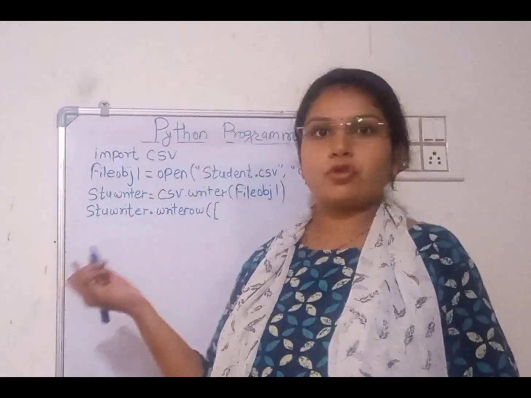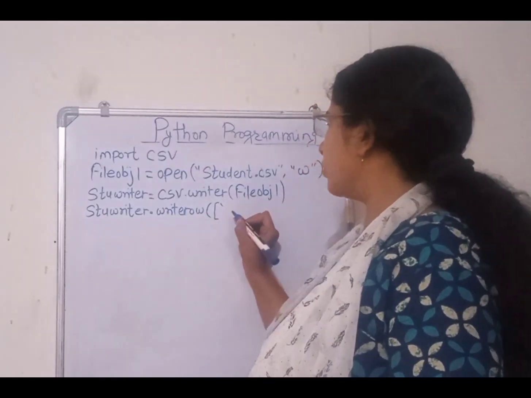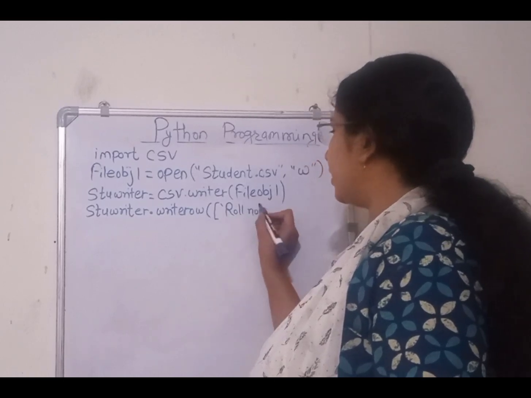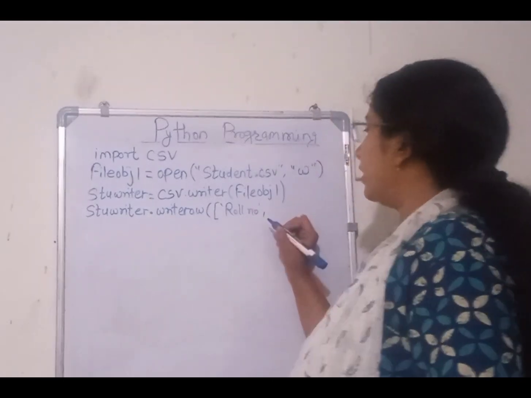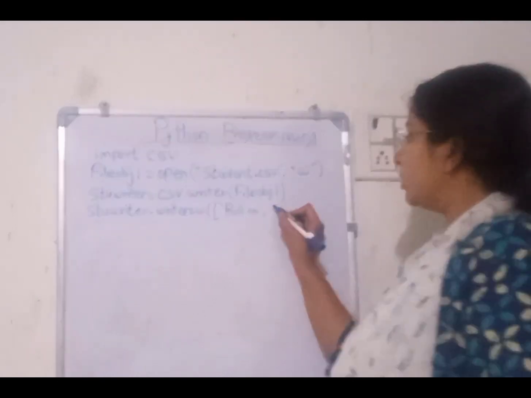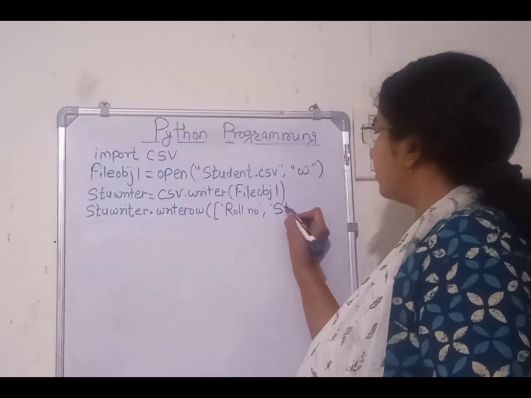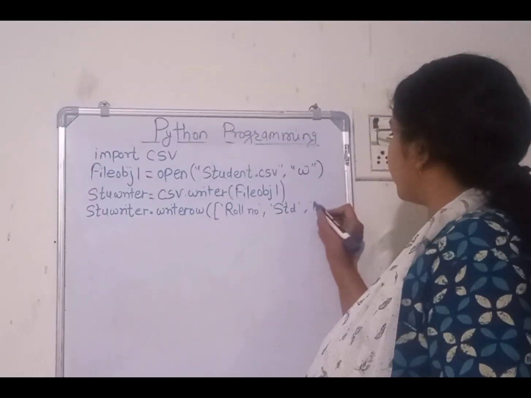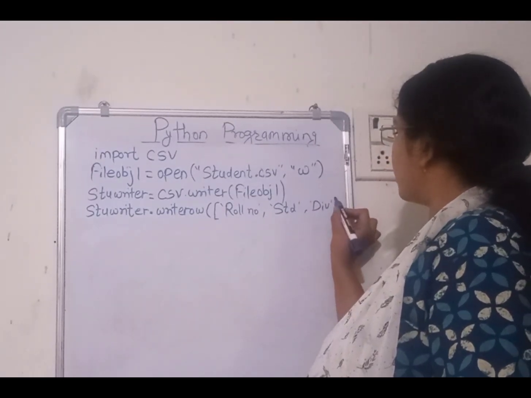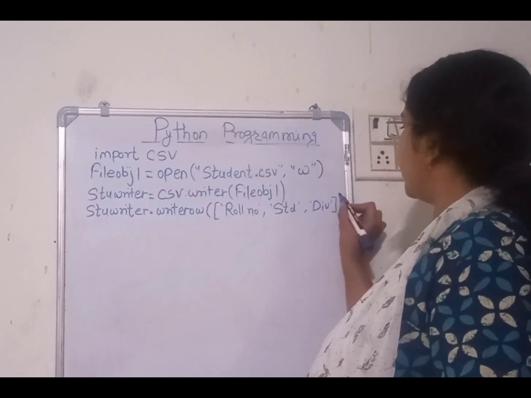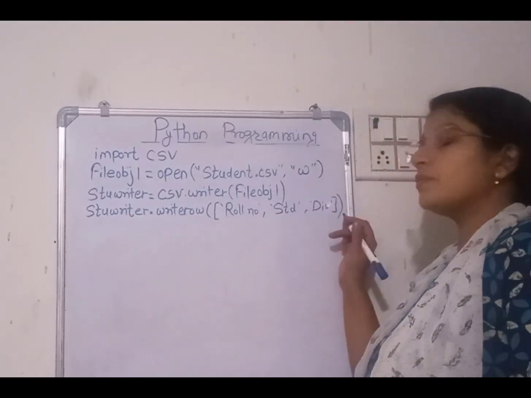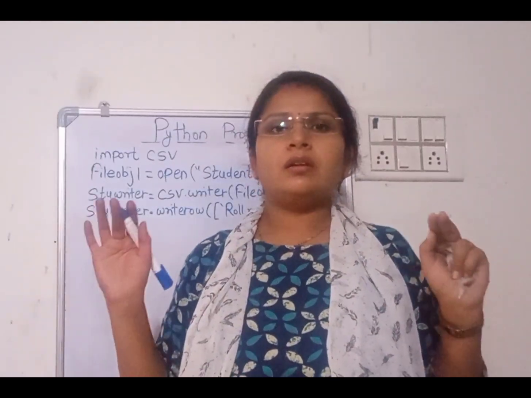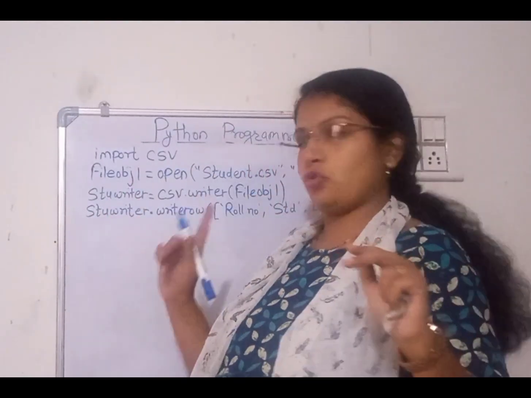That means in square brackets, and first will be, suppose, roll number. This will be written as it is, right? Roll number, comma, then suppose standard, and the third element will be division, suppose. Okay, so this will be my list. So this is my first row, which will be written as it is in the CSV file.